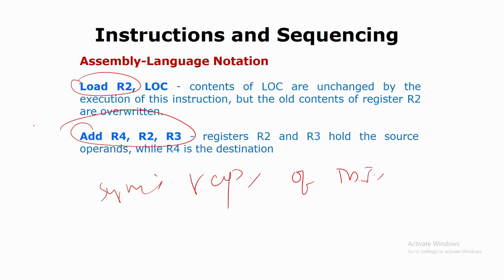Load R2 LOC transfers the content of memory location LOC into the processor register R2, without modifying the content of the memory location.